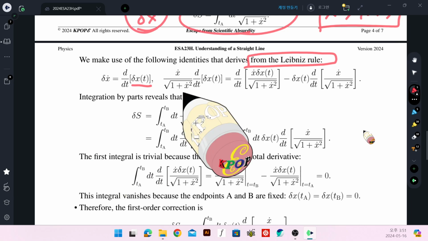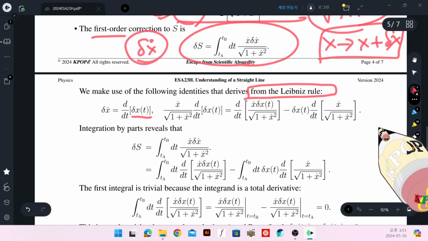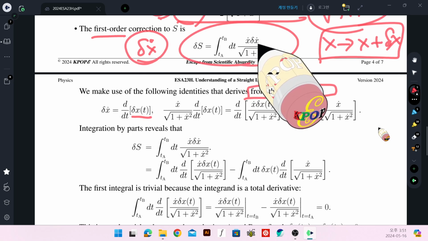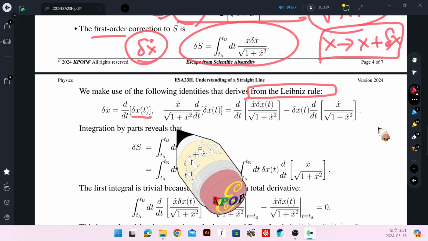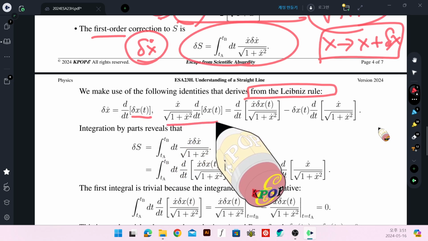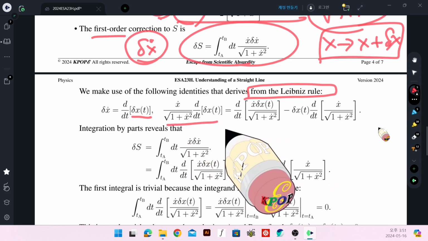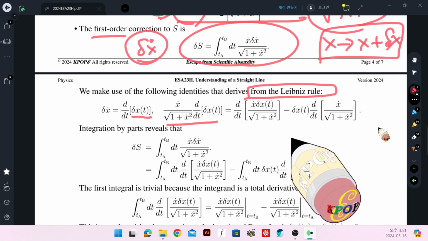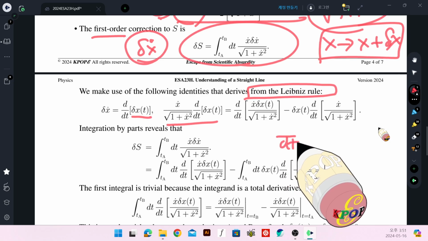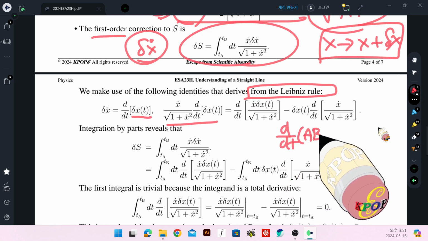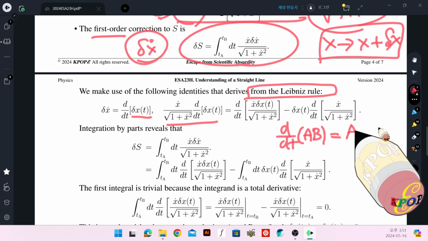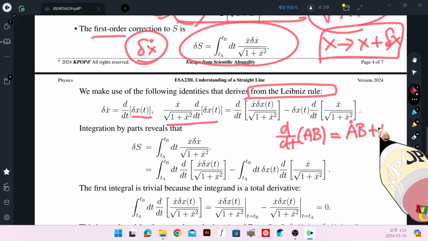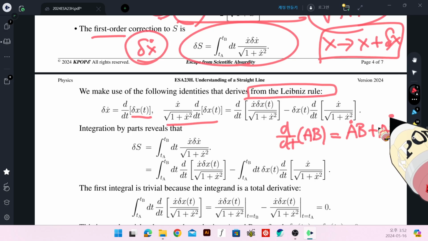And then we have x dot delta x dot. Why don't we compute this? This one, it's better to find the total time derivative of ab, which equals a dot b plus ab dot.